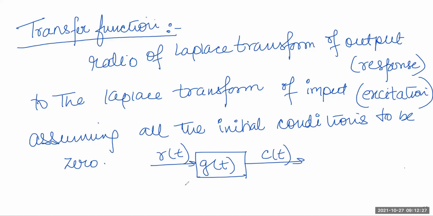Now comes two domains: one is time domain, one is S domain. The S domain is the Laplace domain. Now you will ask, ma'am, how can we write this system in Laplace domain? You just have to replace the time, that is t, with s. I'm going to the next page.